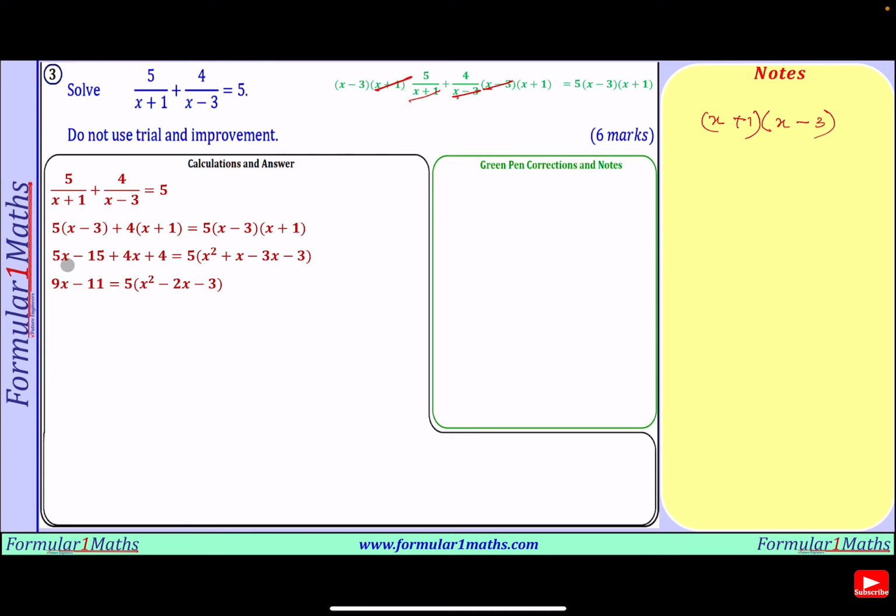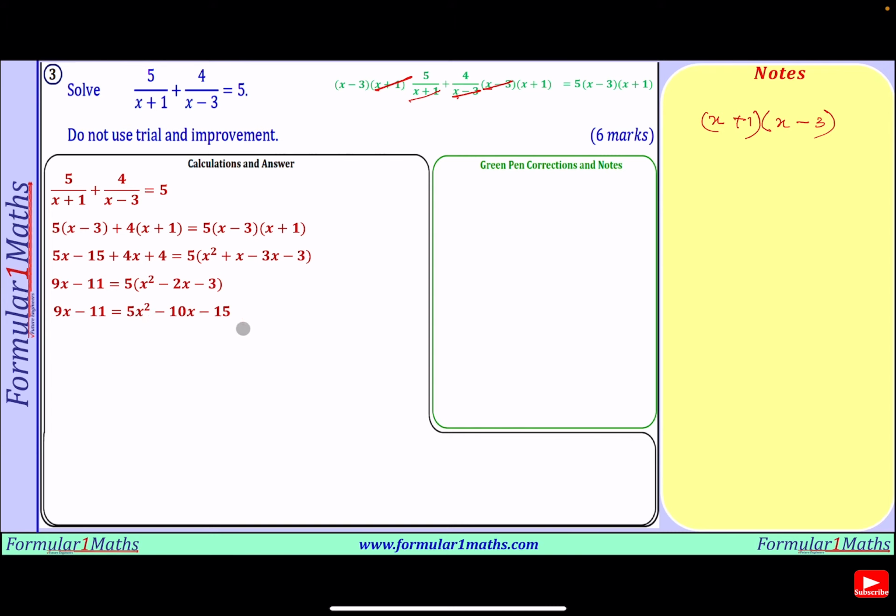So here, what we've done is 5x plus 4x is 9x, minus 15 plus 4 is minus 11. And then we simplify what is in the bracket because x minus 3x is minus 2. We can now expand the brackets to get 9x minus 11 is equal to 5x squared minus 10x minus 15.